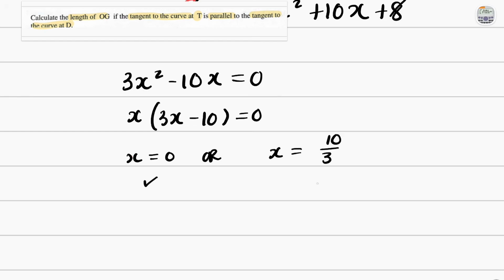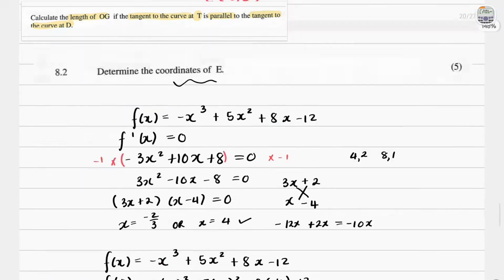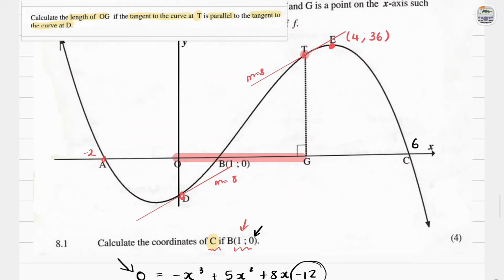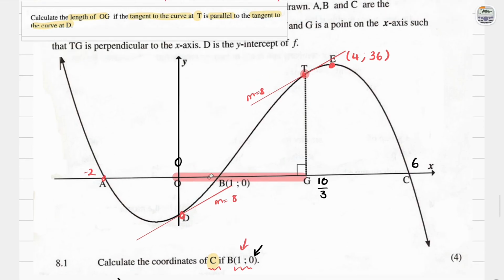So you see how we got a 0 and we got 10 over 3? That makes perfect sense because we know that the gradient was equal to 8 at 0 over here at D. And now we know the second place is at 10 over 3. The whole point is to find OG. If this happens at an x value of 10 over 3, we know that the x value of t and the x value of g are exactly the same.